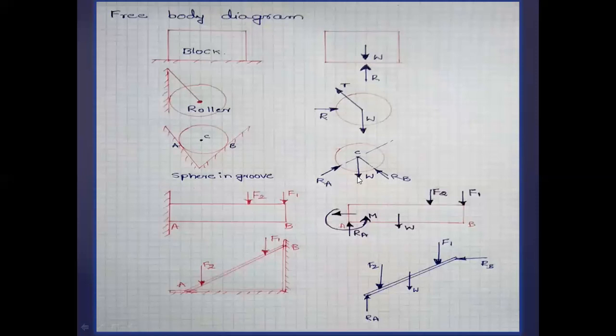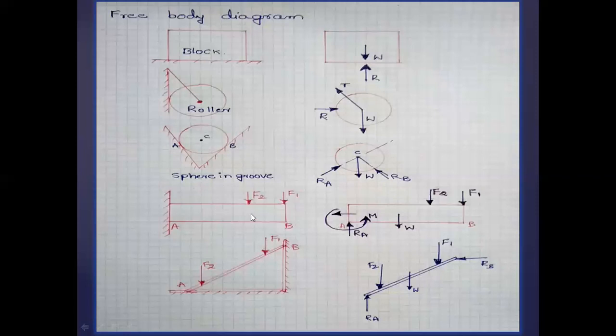Then I draw the self weight of the sphere. Then, as I mentioned, wherever a contact surface exists, there will be a reaction force which always acts normal to that contact surface. So there is one reaction at point A, which I have written as RA. And there is another reaction which develops at the other contact surface, acting normal to it, which is RB. So this is the free body diagram for the third example.